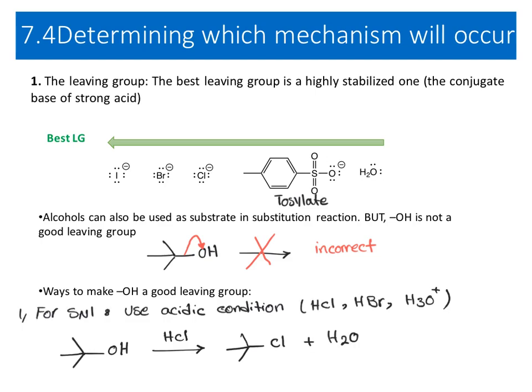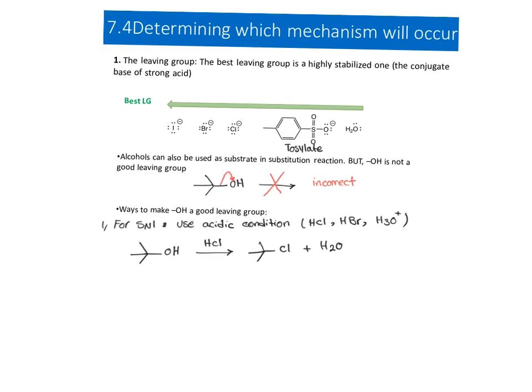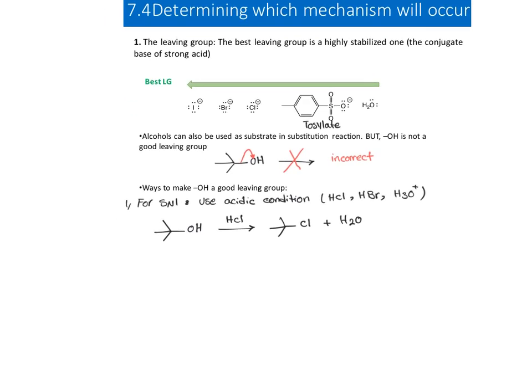Now let's think about the mechanism here. So when we have these two substrates, something that can happen between them is an acid and base reaction, because HCl is a strong acid. It has lower pKa than alcohol.